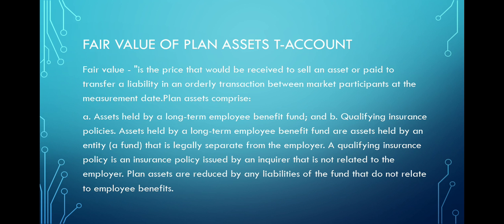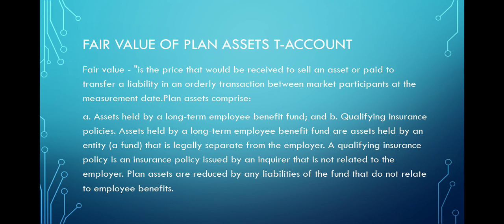Okay, let's go to the fair value of plan assets T account. Fair value is the price that would be received to sell an asset, or paid to transfer a liability, in an orderly transaction between market participants at the measurement date. Plan assets comprise A. assets held by a long-term employee benefit fund, and B. qualifying insurance policies.